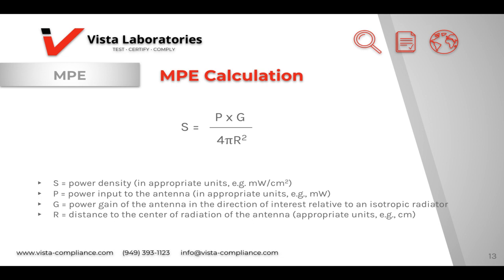If you did a conductive measurement at the antenna port, that would be the value of P. G is the gain of the antenna, in a linear scale. And R is the distance to the center of the radiating antenna, so the separation distance, for example, 20 centimeters.